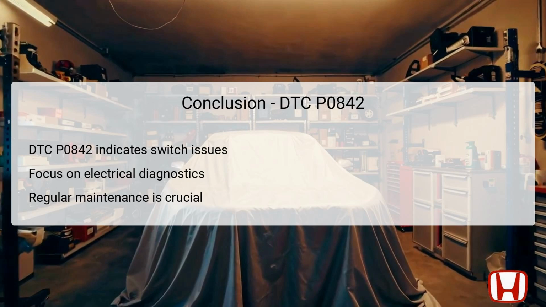Regular maintenance practices will significantly aid in preventing similar issues from arising, securing optimal vehicle performance. By adhering to the troubleshooting guidelines provided, technicians can efficiently service Honda Civics from 2006 to 2011, ensuring seamless functionality of the automatic transmission for a better driving experience.